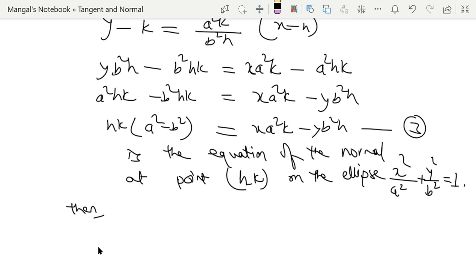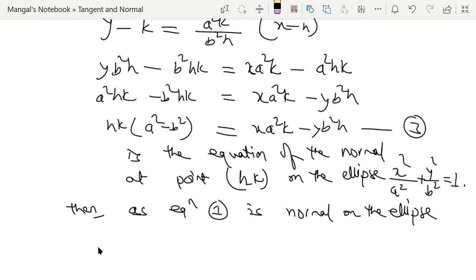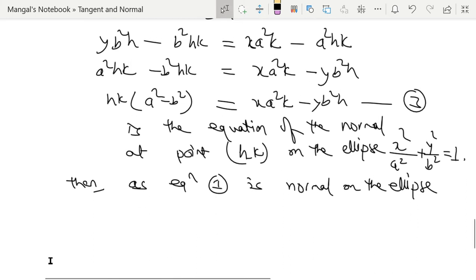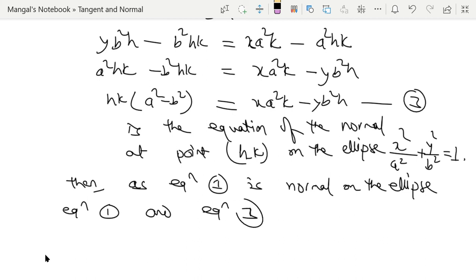As equation 1 is the normal on the ellipse, this is the thing which we have to find. That is why you can say equation 1 and equation 3 are identical, and as they are identical, their coefficients should be in the same proportion.